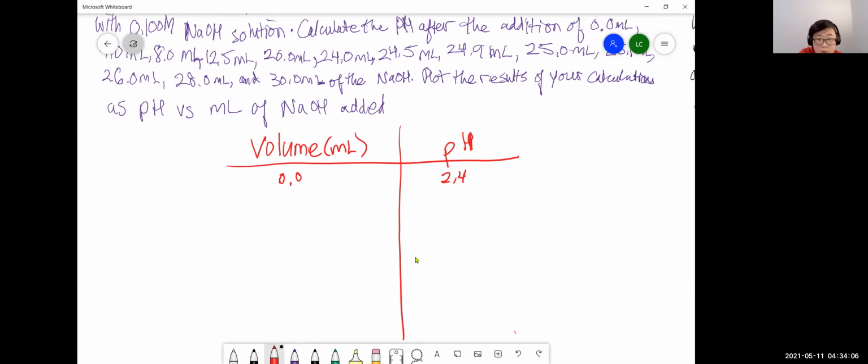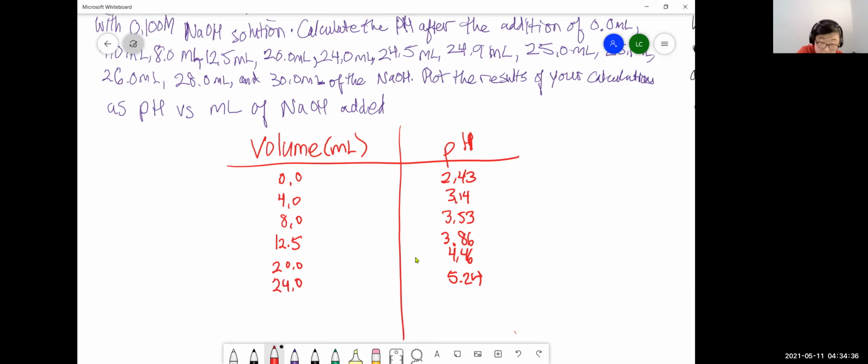At 8.0, you should get 3.53. At 12.5, you should get 3.86. At 20, you're going to get 4.46. At 24, you get 5.24. At 24.5, you will get 5.6.